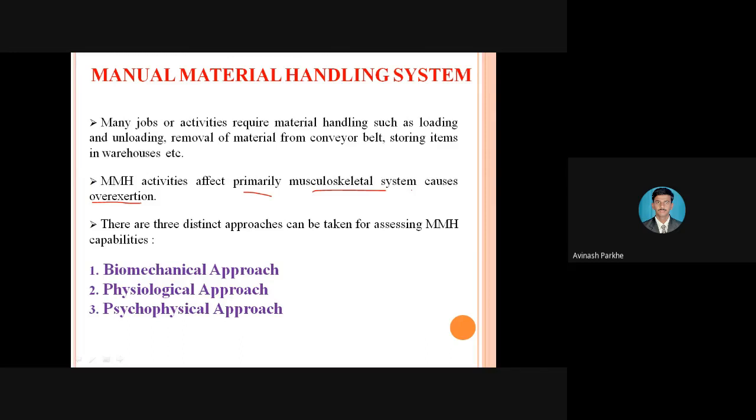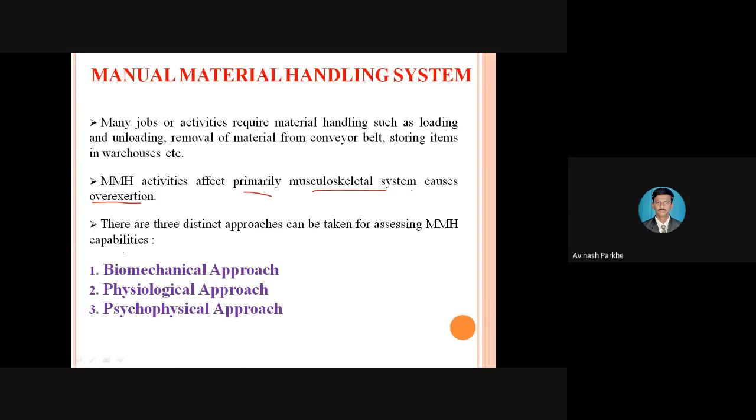While lifting those components, there may be some damage to the hand or the leg of the operator. So small components can be easily handled by the operator, but heavy duty components are also handled by the operator, and afterwards there may be a possibility of overexertion.